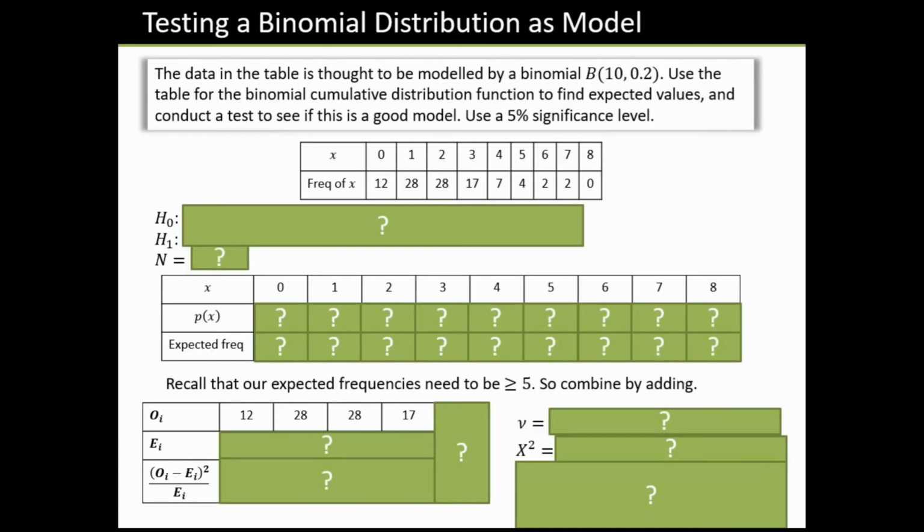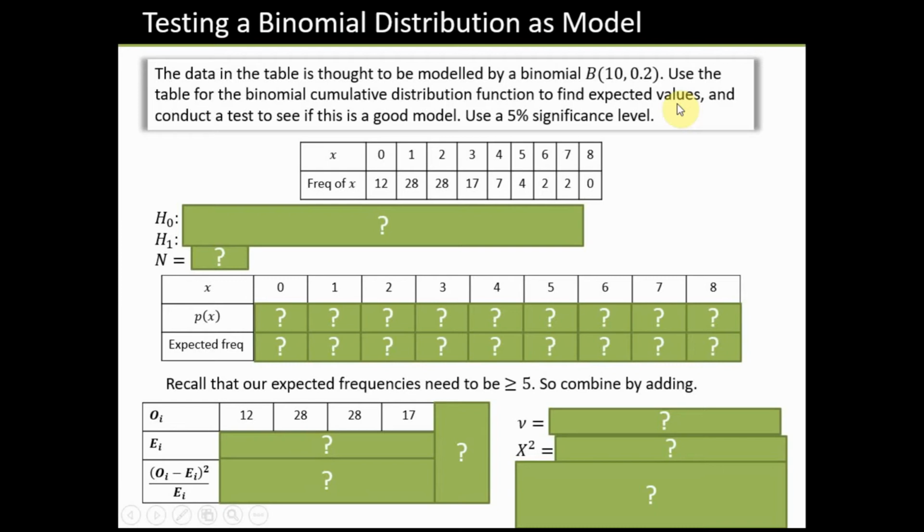Okay, so testing a binomial distribution. Here we've got data that is thought to be modelled by a binomial distribution with n equal to 10 and p equal to 0.2. And it suggests using the table for the binomial cumulative distribution function to find the expected values.